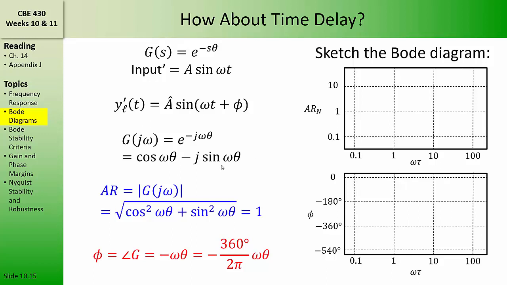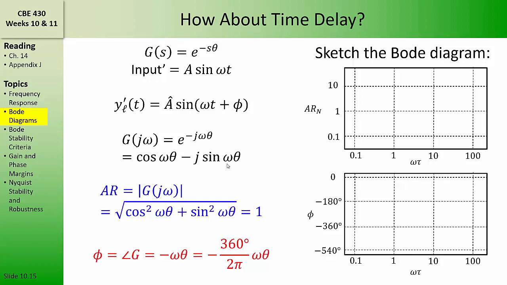Similarly, the imaginary part, minus sine omega theta, also oscillates between minus 1 and 1. Because the real part is on the x-axis and the imaginary part is on the y-axis, this trace just circles the origin around the unit circle in the clockwise direction as omega is increased. And as omega gets larger and larger, we encircle the origin multiple times.